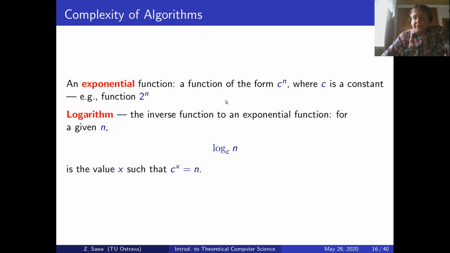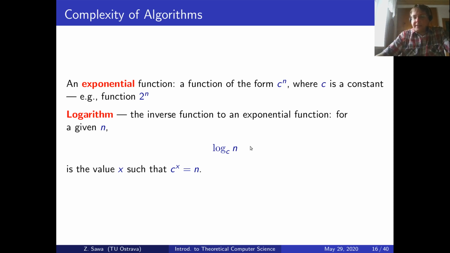So I will recall that an exponential function is a function of the form c to n, where c is some constant, like in 2 to n, and the logarithm is the inverse function of the exponential function. So the logarithm of n with base c is the value x such that c to x is equal to n.